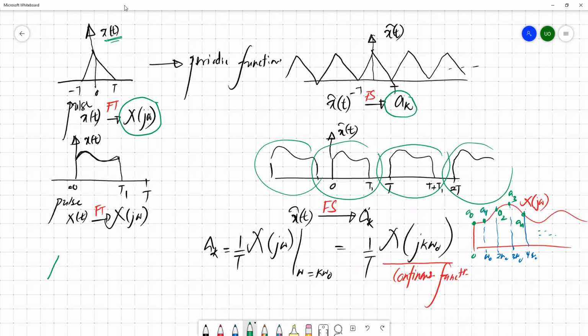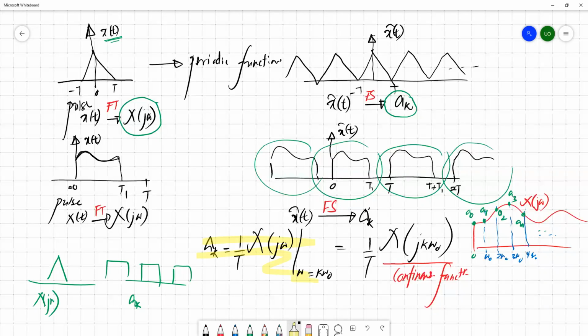If you know this X(jω), you cannot find the a_k directly. Maybe there is a mechanism to map this by using Fourier transform properties and so on, but you can't directly obtain the Fourier series coefficients using this equation.